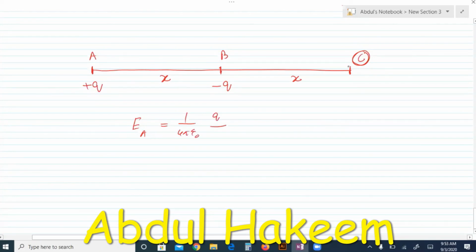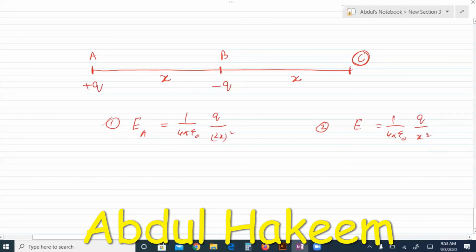The distance between C and A is X plus X, it's 2X square. And number 2, electric field strength at C due to B is E equal to 1 over 4 pi epsilon naught Q divided by X square.